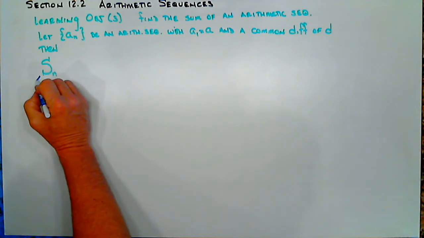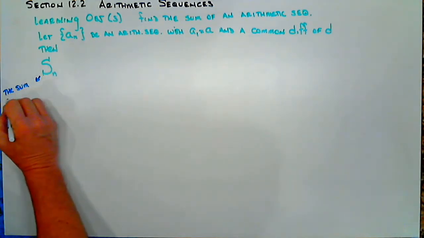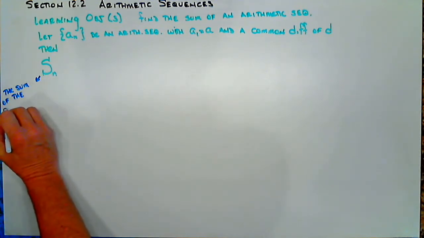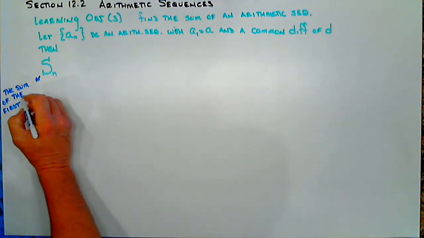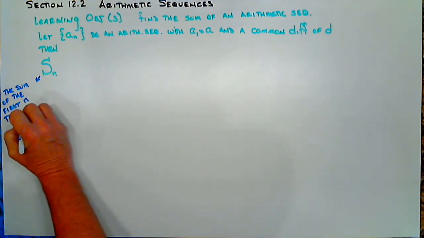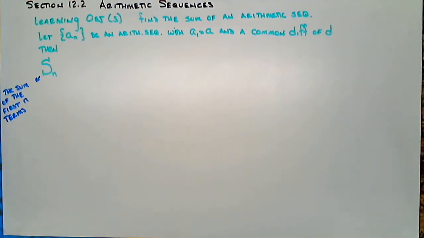This means the sum of the first n terms. If some of you are thinking, oh, I remember last year we found the sum of an infinite number of terms, that's because last year, you were thinking about a different type of sequence.